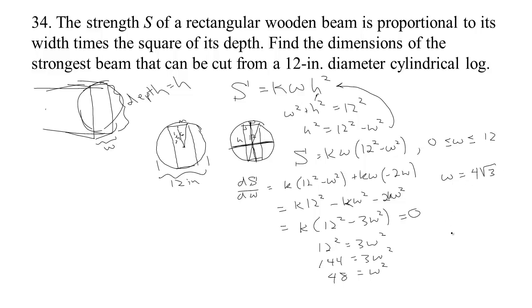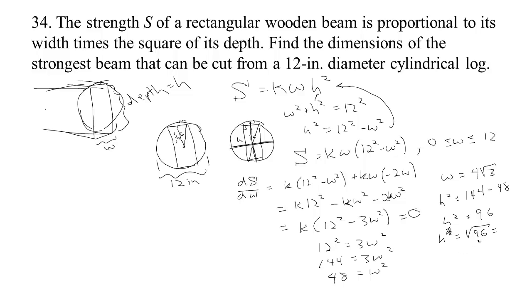So the width would be 4 root 3. If w squared is 48, that also tells us what h squared needs to be, because h squared is 12 squared minus w squared, and 144 minus 48 would be 96. So h would be the square root of 96.